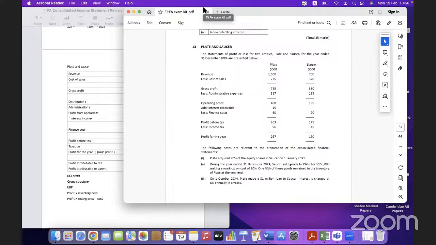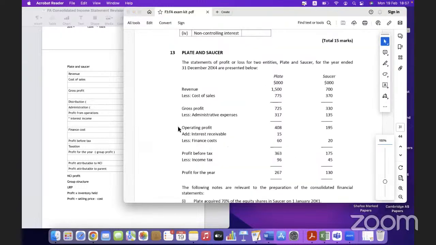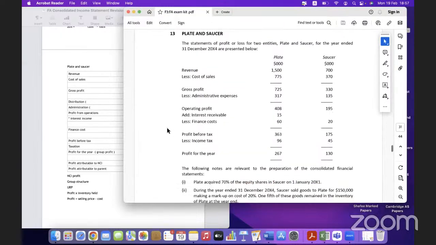Now, in this question, the subsidiary is the seller. So when the subsidiary is the seller, I will show you how the URP part is working. Okay. Now, guys, can you have a look at this particular question over here? Plate and Saucer.